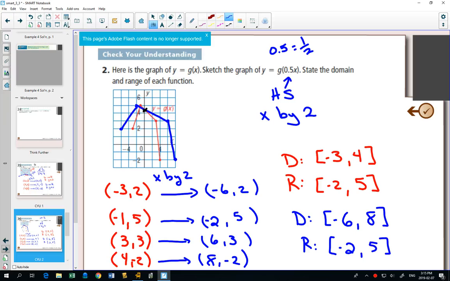The same idea. Your x values have been multiplied by 2. Can you see that in how your domain has changed? Your domain got doubled, and your range didn't change because nothing happened to the y values. Okay, so you have question 3 from the first one, and now you can also do questions 4 and 8.